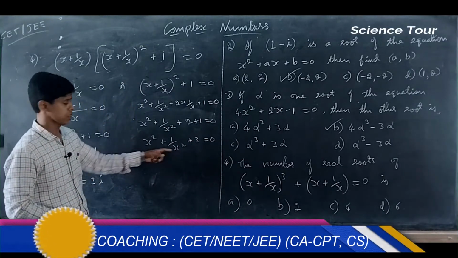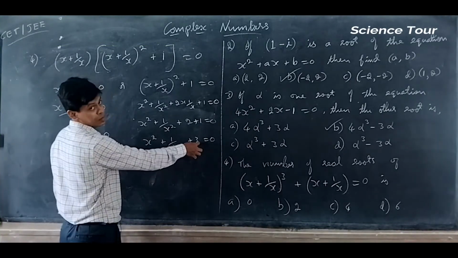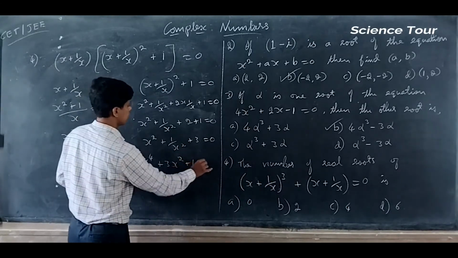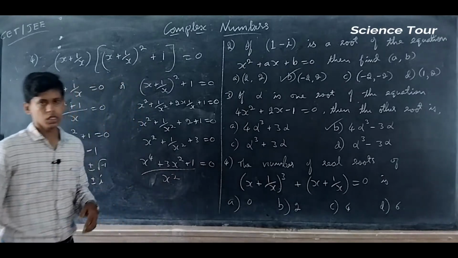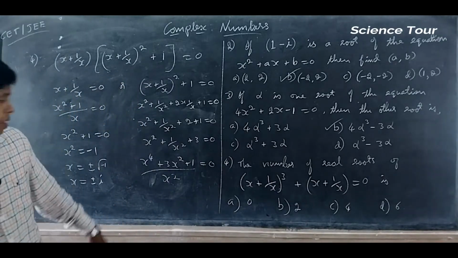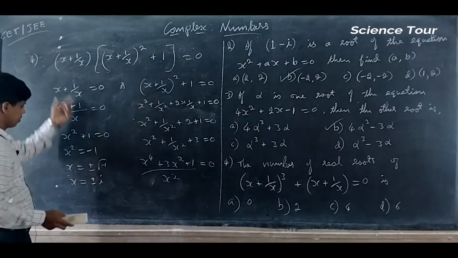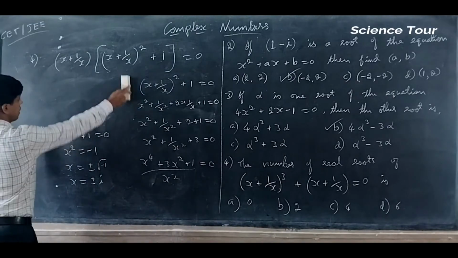Take LCM x square: this becomes x to the power 4, plus 3x square plus 1, all divided by x square, equal to 0. Now finally bring this x square also to the other side. See, we have not got any real values. Keep this in mind.